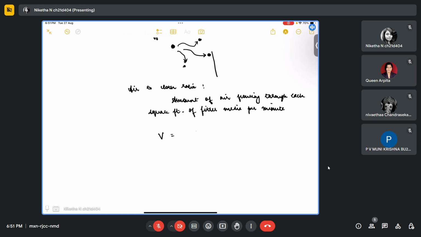And this is given in terms of Q by A. I'm sorry, this is the filtration velocity.